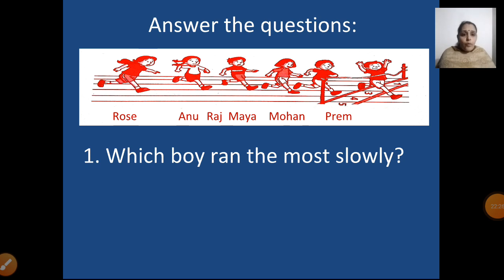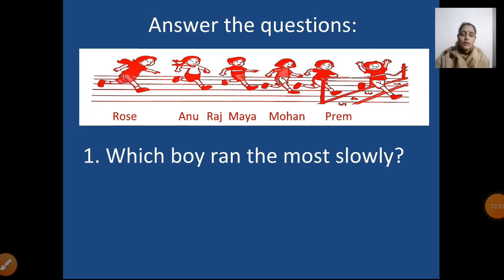Which boy ran the most slowly? Now, children, most slowly means the one who is coming last. Now, look at the picture and tell me who is. It is Rose, but they are asking which boy. So, see, before Rose, who is there? Anu is there.